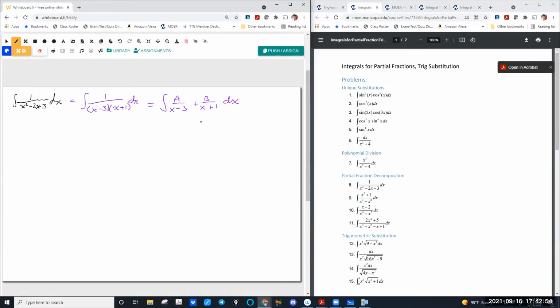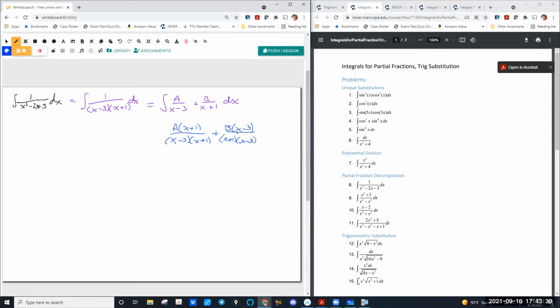What we need to do is first off think about going the opposite direction. Okay, what would we do if we needed to add these two fractions? We would find a common denominator, right? We would make this A times x plus 1 over x minus 3 times x plus 1, plus B times x minus 3 over x plus 1 times x minus 3.